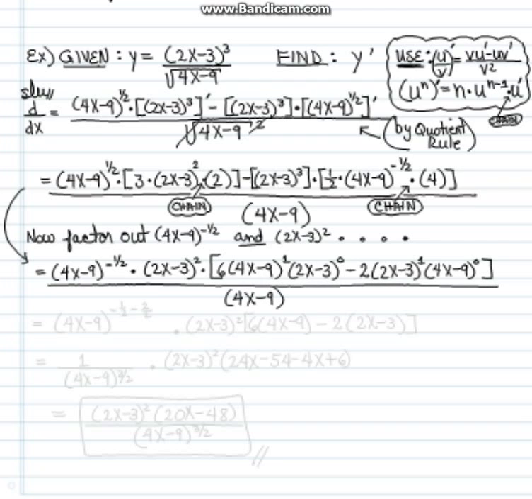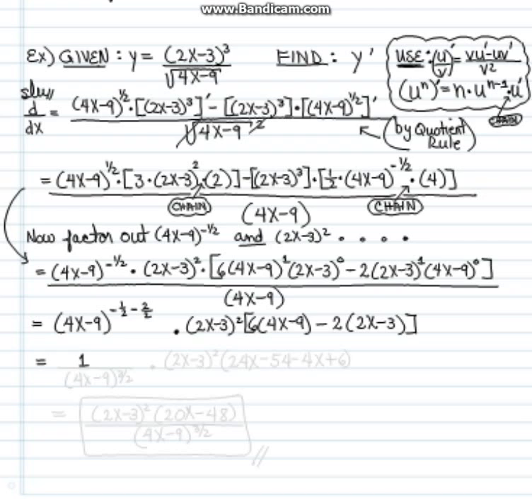Okay, so let's simplify the 4x minus 9 on the top and bottom, combine them with the exponential law, 4x minus 9 raised to the top power minus the bottom power, negative 1/2 minus 1, which is negative 3/2, times 2x minus 3 squared times 6(4x minus 9) minus 2(2x minus 3).